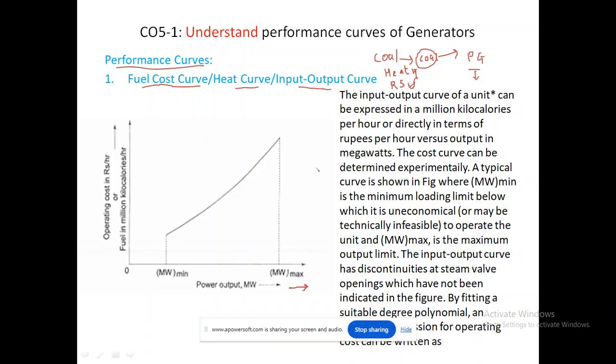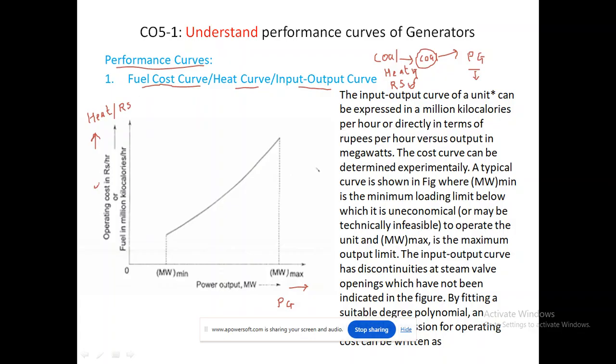So here it is shown: on the x-axis is the power generated from the plant, and on the y-axis is the heat in kilocalorie per hour, or the cost of the coal in rupees per hour.